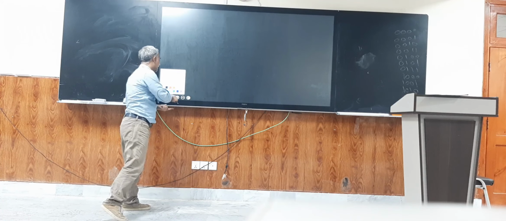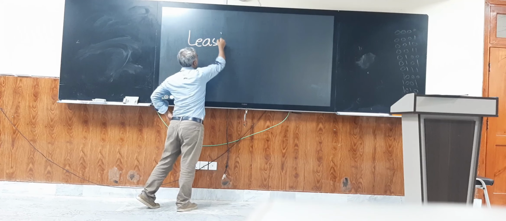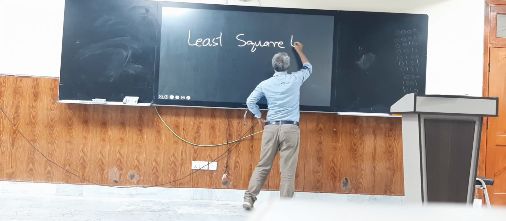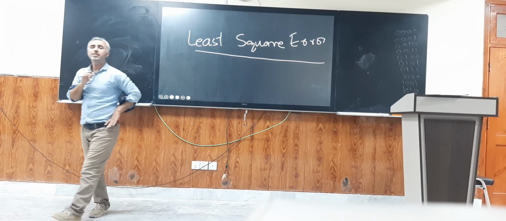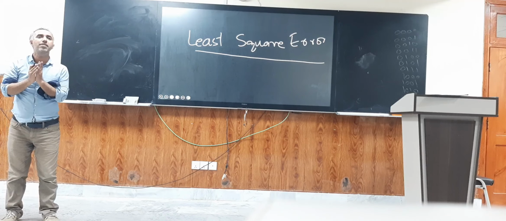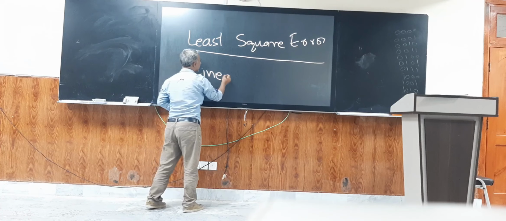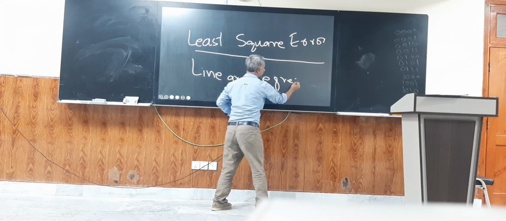Let's go to the second thing. The second thing is also very much important: least square error. In this least square error, there is some term which is known as linear regression.